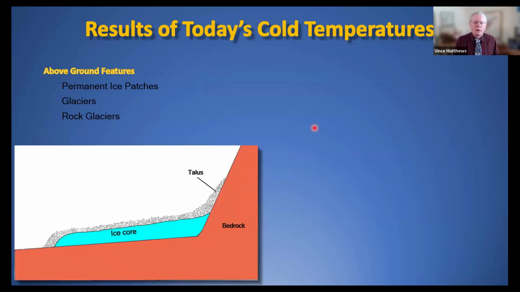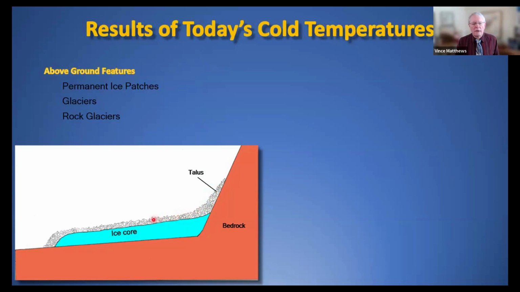So one model, there are two kind of end members of these rock glaciers. One is that you had a glacier or ice core pre-existing, and that talus fell down from the steep head wall of the cirque that these things form in, and most rock glaciers form in cirques.